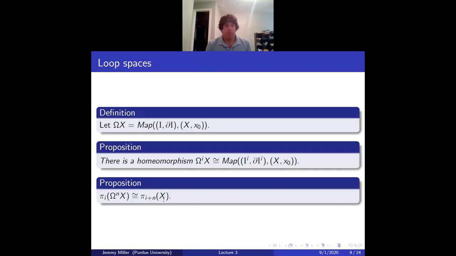And so in particular, I guess this proposition we've stated in the case that I is 0. So we've said that pi 0 of loops nX.